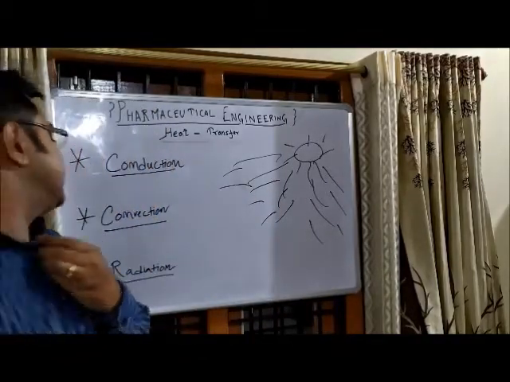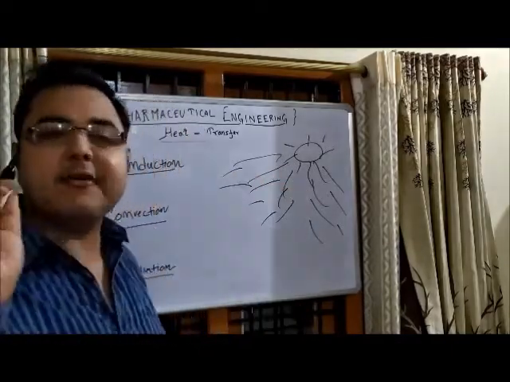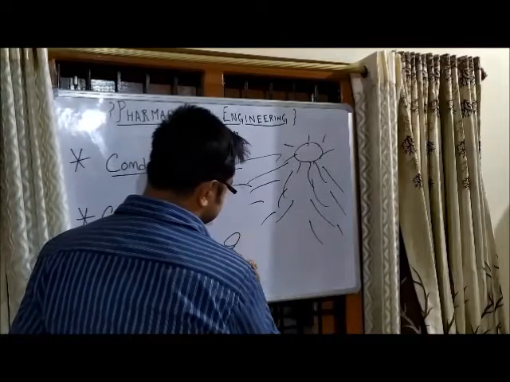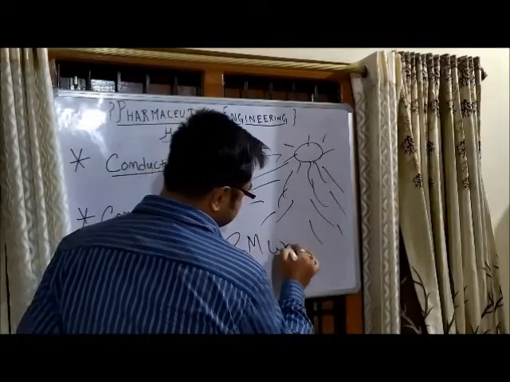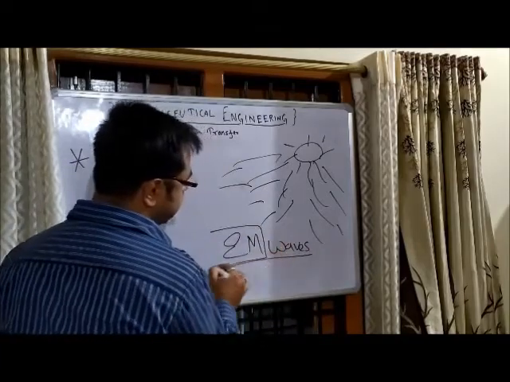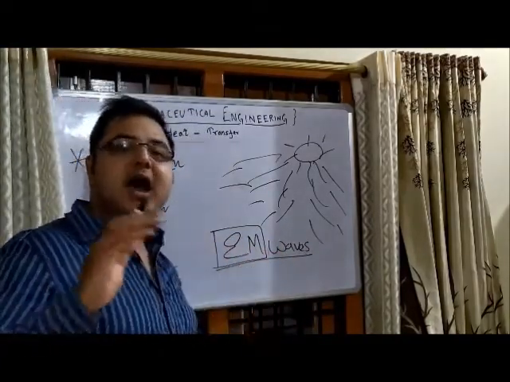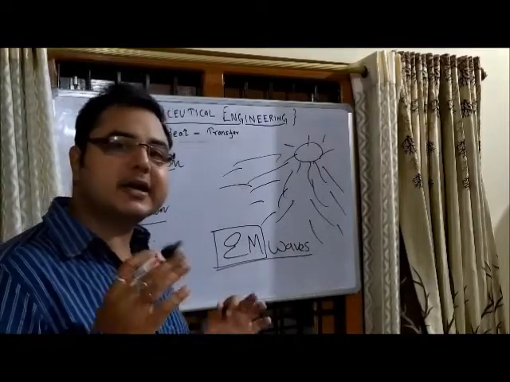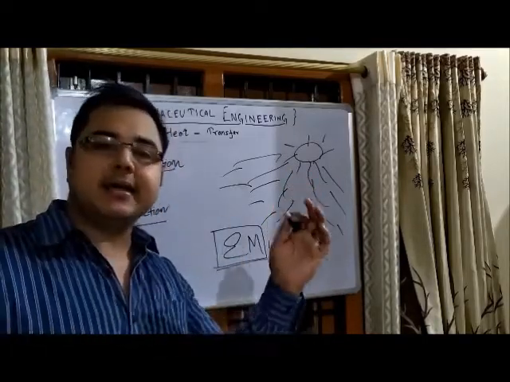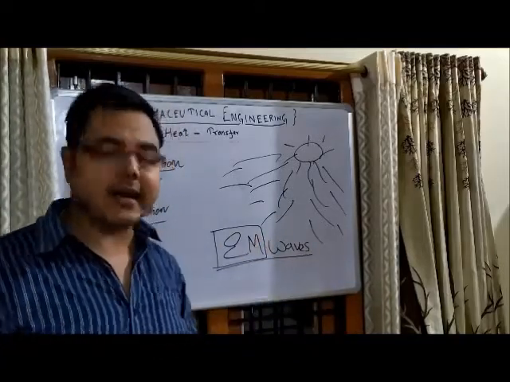In radiation, the energy is transferred through space in the form of EM waves. What do we mean by EM waves? Electromagnetic waves are produced, and these electromagnetic waves carry the energy.